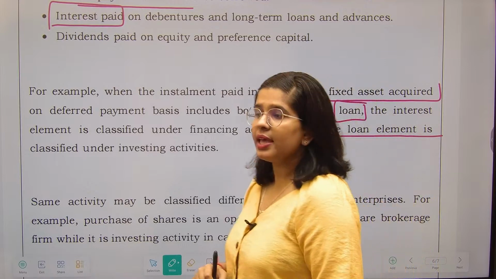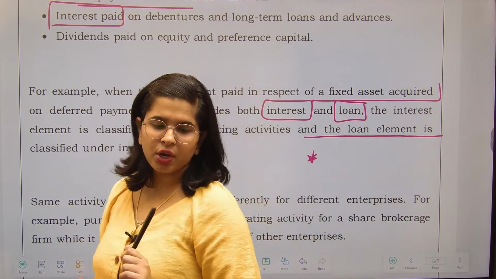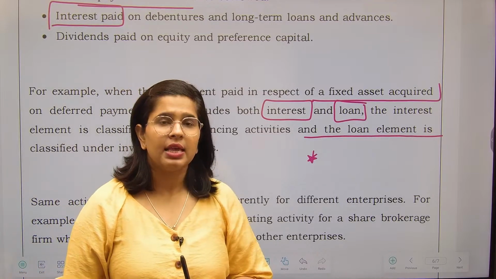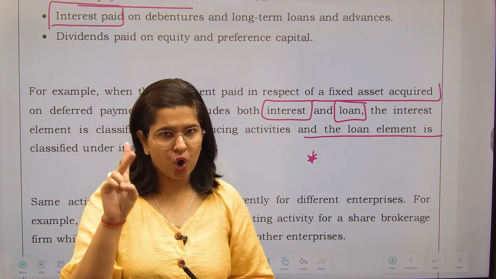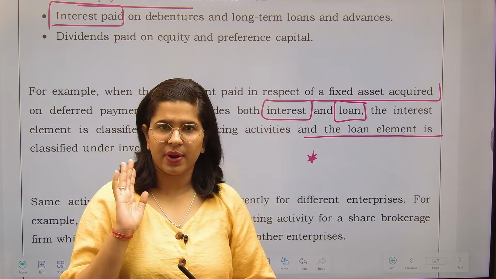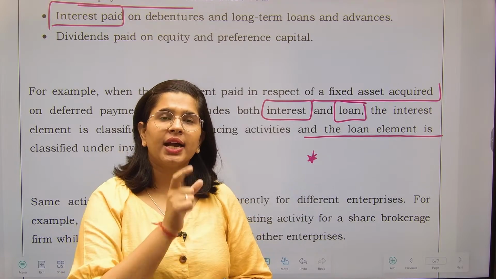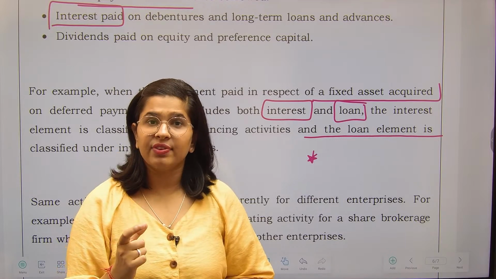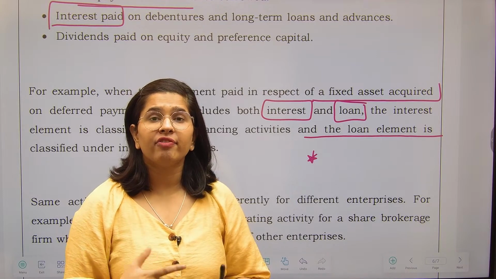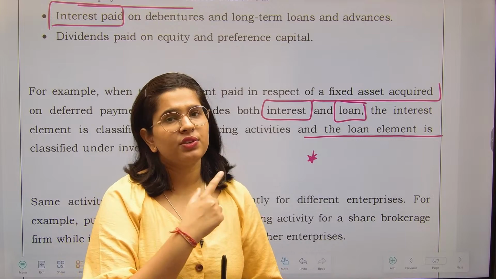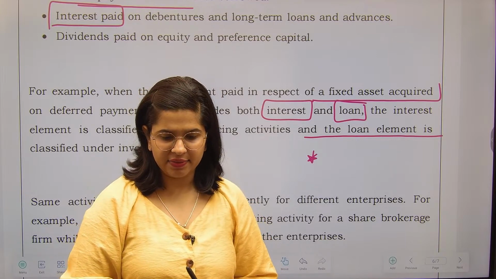They mean to say that if you have purchased an asset on installment basis, suppose I purchased a car on installment basis. So in installment there are two components, one is principal and the other one is the interest, right? So principal amount will be considered as an investing activity and the interest which I am paying because I have taken loan, it's a sort of loan, right? So that will be classified in the financing activity.